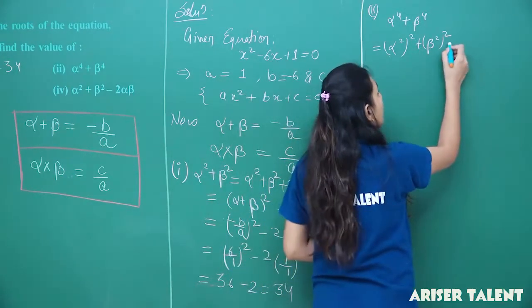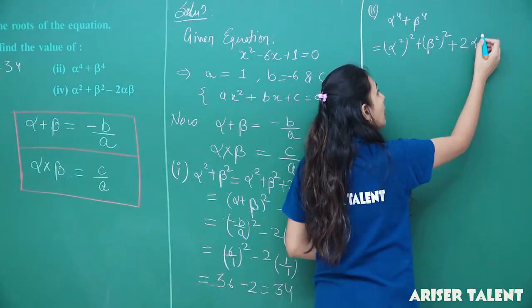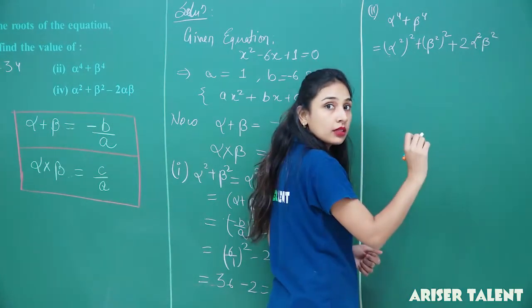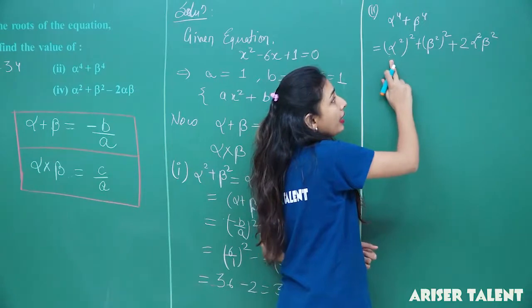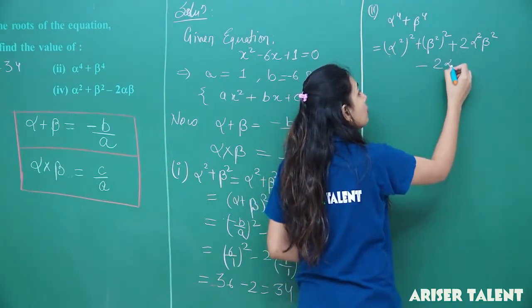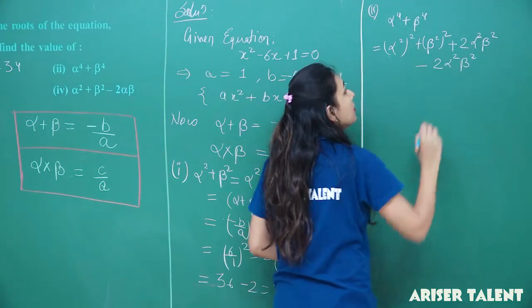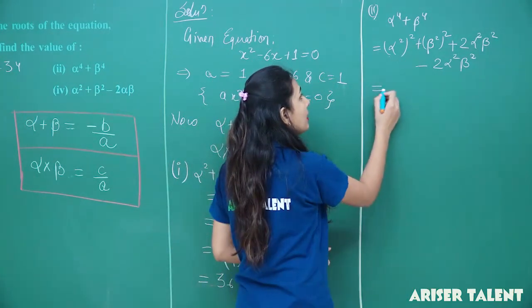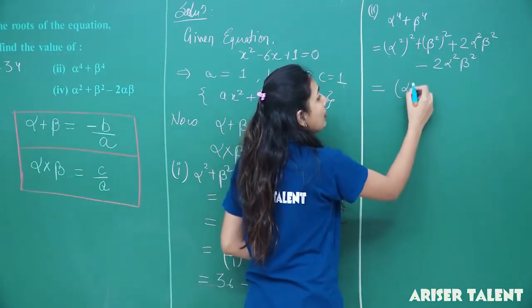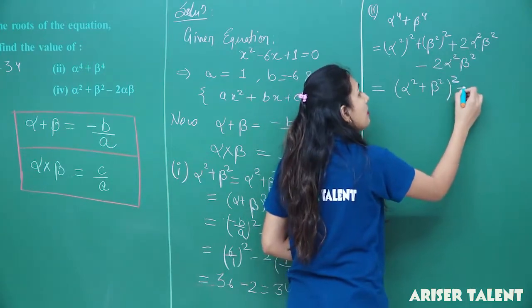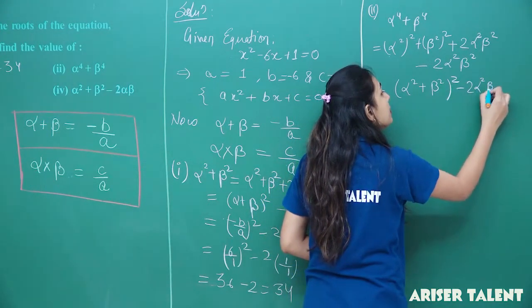Now, students, what am I doing? Plus 2 alpha square beta square, that is a square plus b square plus 2ab. Now, I have to subtract it also to balance the equation. Okay, students, so what will it become? It will become alpha square plus beta square whole square minus 2 alpha square beta square.